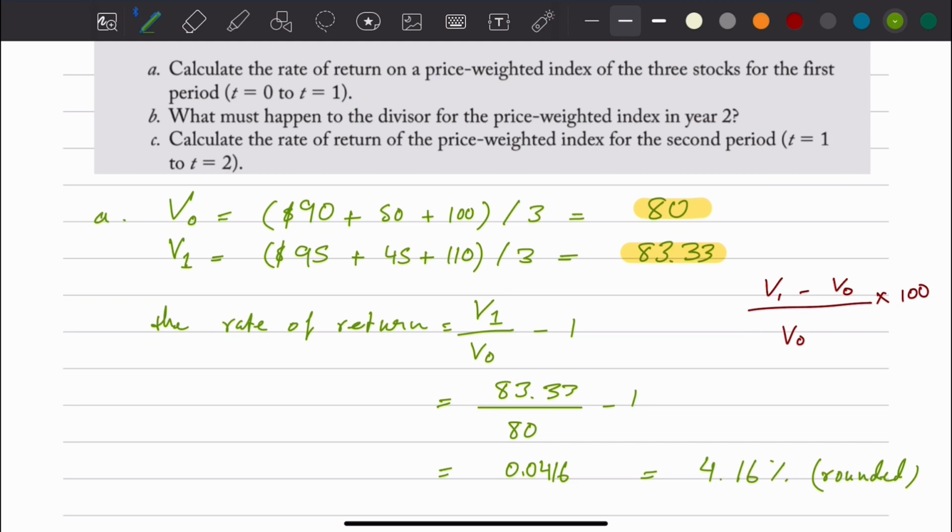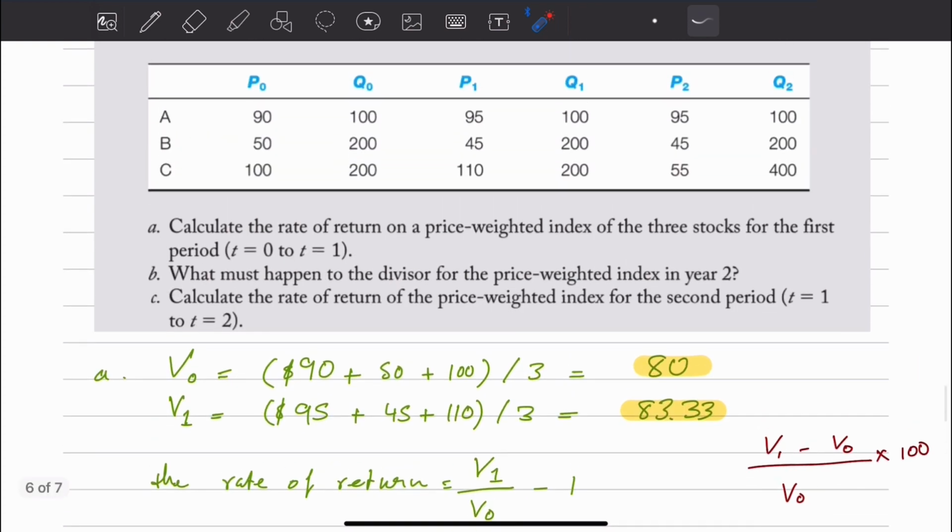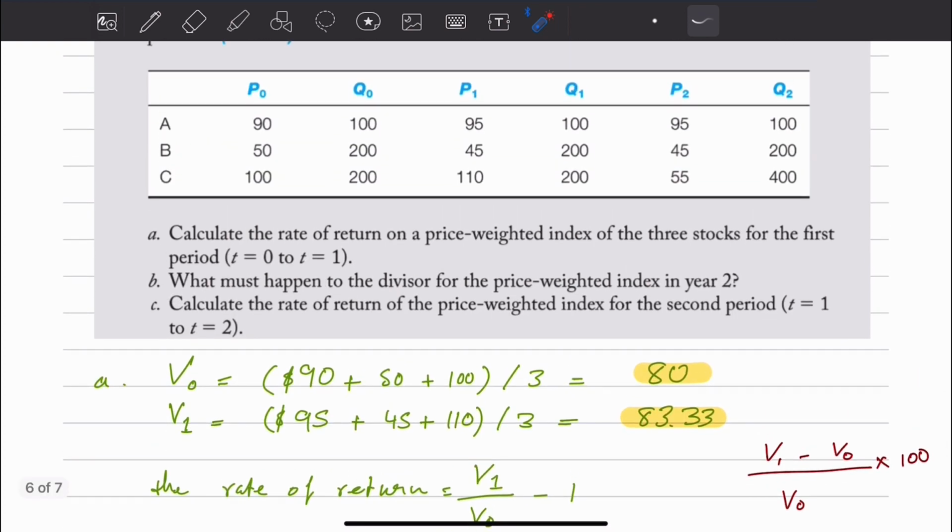All right. Now for the second requirement, requirement B, what must happen to the divisor for the price-weighted index in year 2? Remember, the question says that in year 2, one of the stocks had a stock split. And you can easily see which one it is from the table, because as you can see here, 100 shares, and then they are still 100 shares.